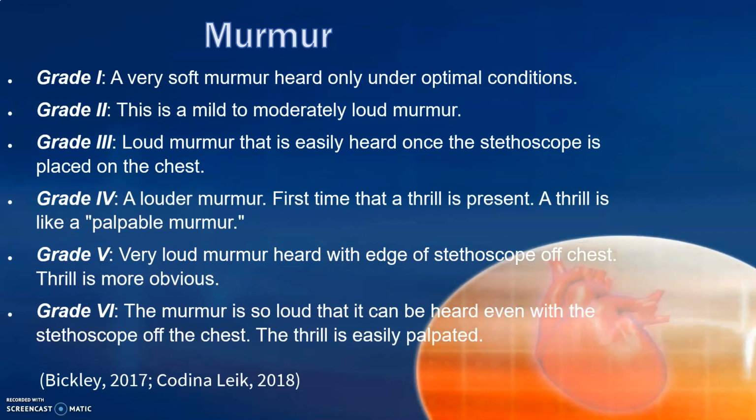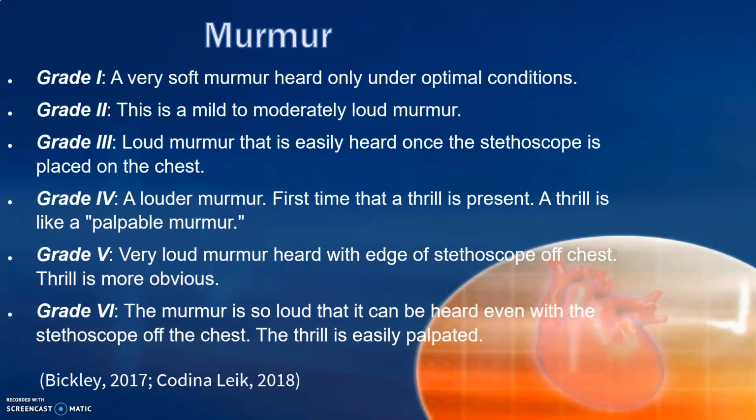For grade 5, a loud murmur heard with the edge of the stethoscope off the chest, and the thrill is more obvious. That means they don't even have to put the stethoscope fully on the chest to hear the murmur. For grade 6, the murmur is so loud that it can be heard with the stethoscope off the chest. The thrill is easily palpated.